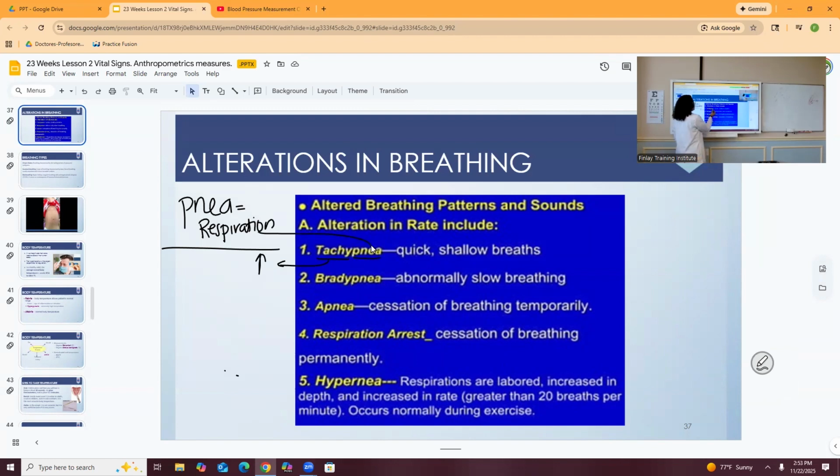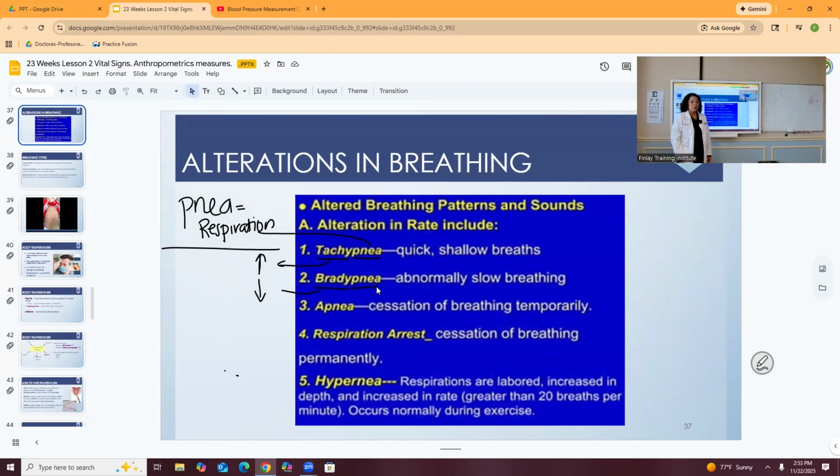Pnea means respiration. So we are talking that the respiration is quick and shallow, okay? They are breathing really quick. Brady means low. Pnea means respiration. So this is abnormal, slow breathing, okay?